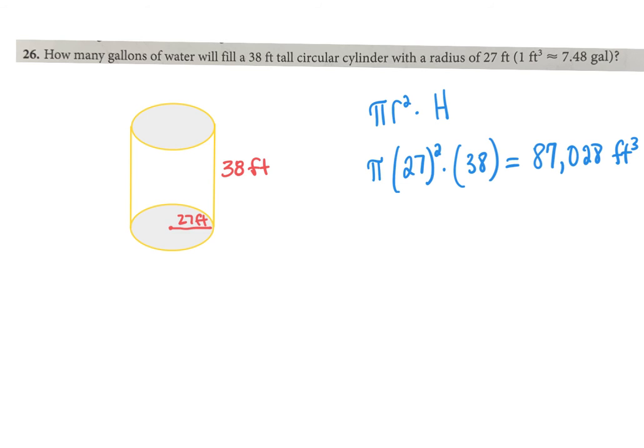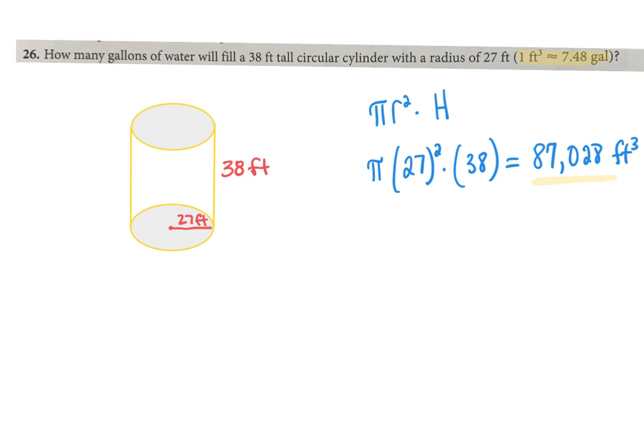Okay. They asked for gallons, and then they gave you the conversion factor. So if you look here, they said for every 1 cubic foot, it is 7.48 gallons. So what do you need to do with your cubic feet to get the gallons? Yeah, multiply.